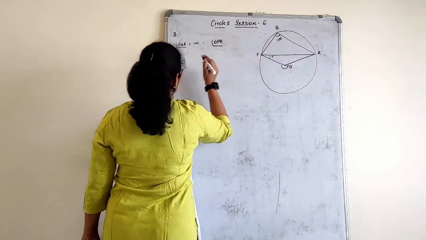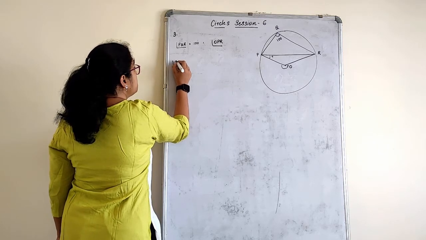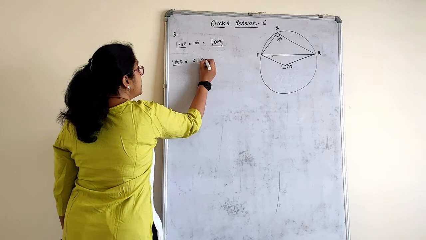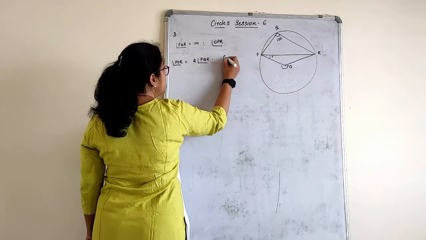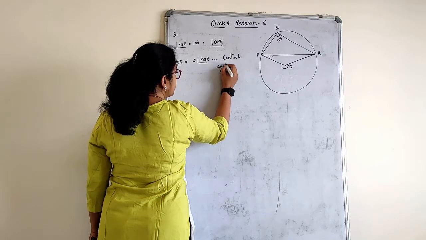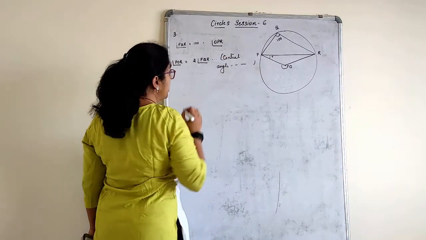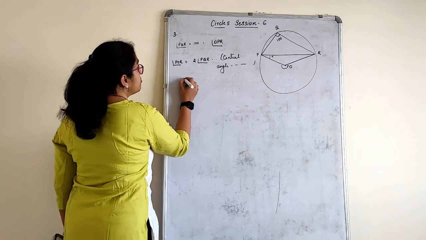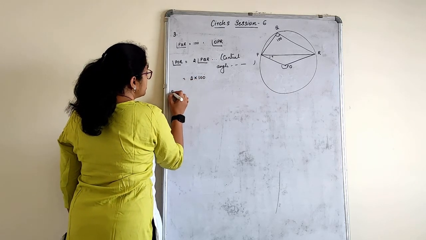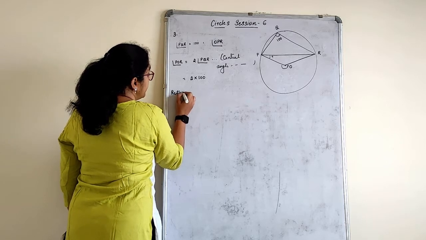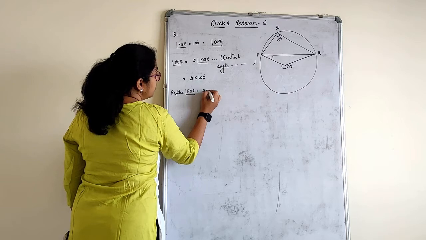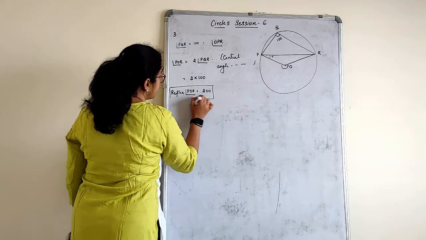Angle POR is twice angle PQR. Reason? Central angle is twice the inscribed angle. So POR is 2 into 100. Therefore this is 200, right? I will write reflex POR is equal to 200 degrees.